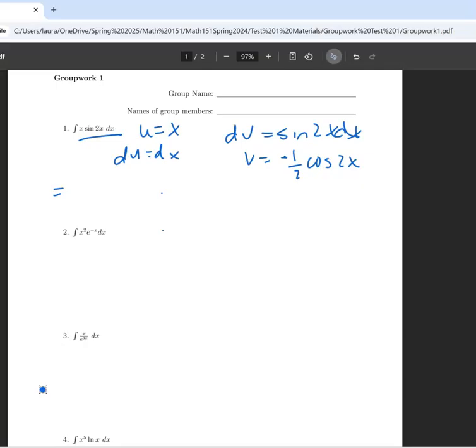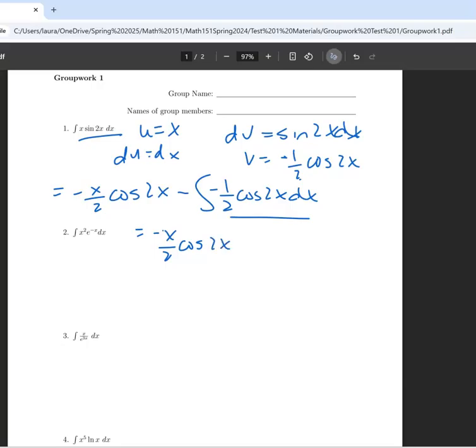Okay, so this gives us uv, negative x over 2 cosine of 2x, minus the integral of v du. And so the question is, can I take the integral of this? So I'm just going to take the time to rewrite everything, move the number on the outside.